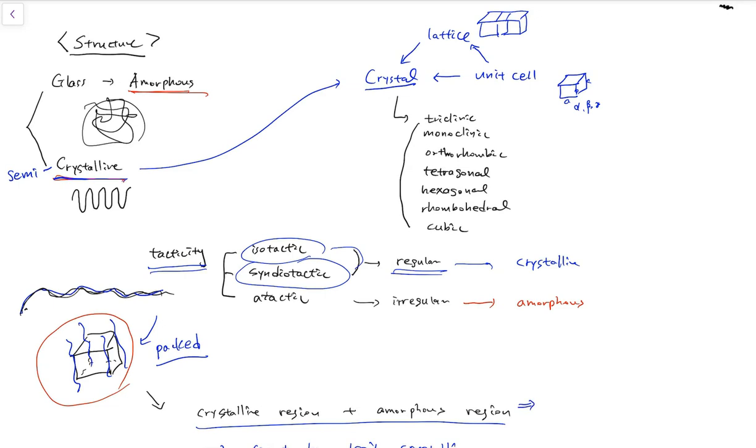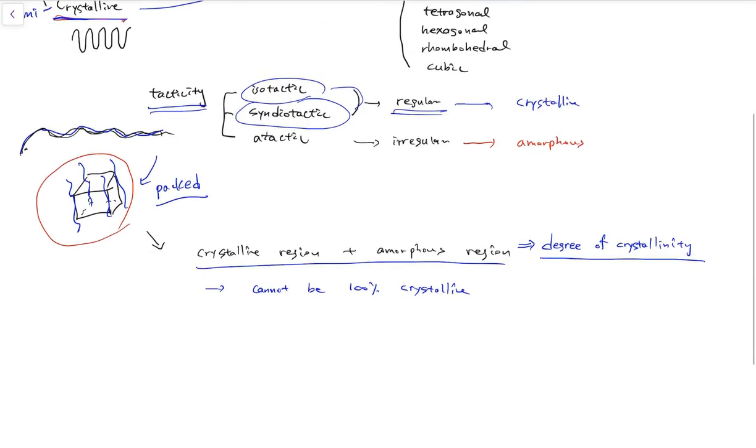So crystallinity can be controlled by treating polymer materials in different ways. Polymers have different degrees of crystallinity, and there are many different ways to determine the degree of crystallinity of polymer materials. All right, let's move on.